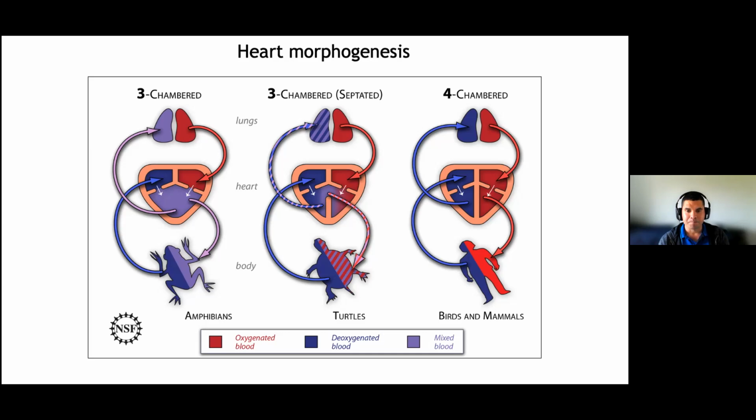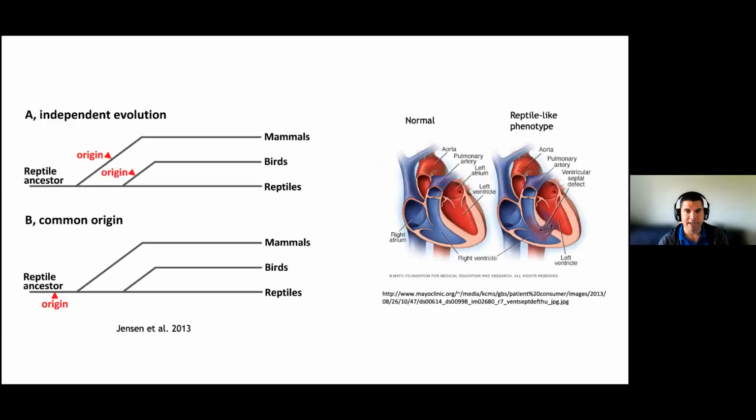And we had some colleagues that were studying this because it's been predicted, actually, that mammals and birds have independently evolved a 4-chamber heart.